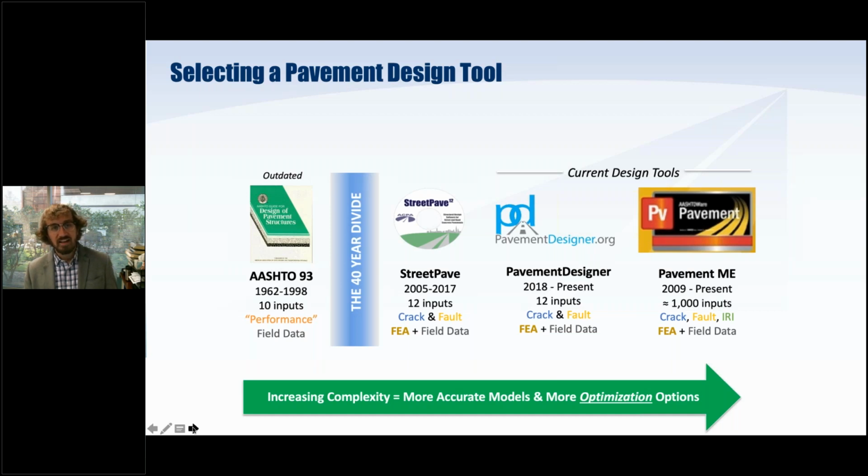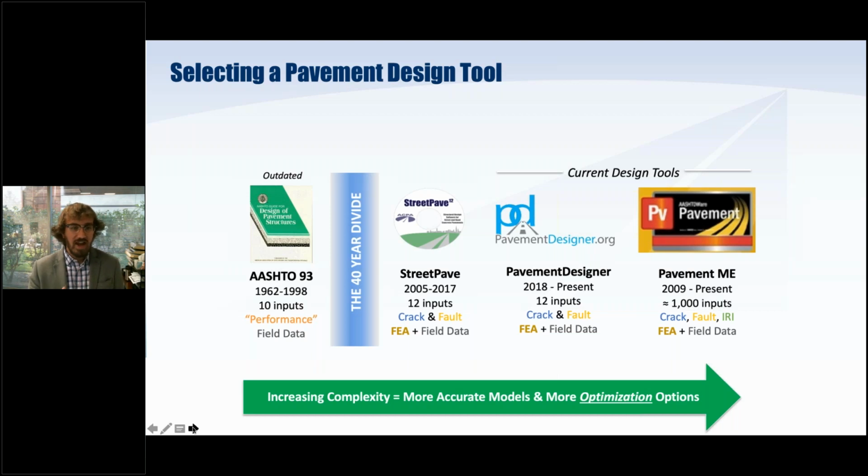This design guide is actually based on one road test from Central Illinois, and the entire design is based on the observations of that road test. What it's really designing for is present serviceability index. That's really how it defines failure, which is kind of difficult when we think of how concrete pavements actually fail, which is a lot of times cracking and faulting and sometimes roughness as well.